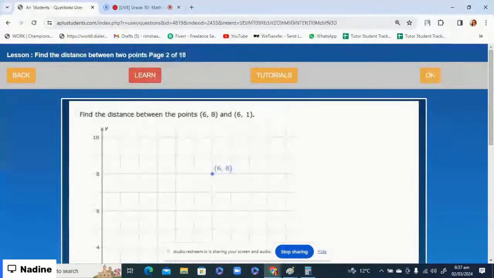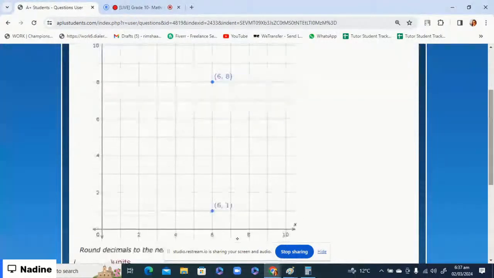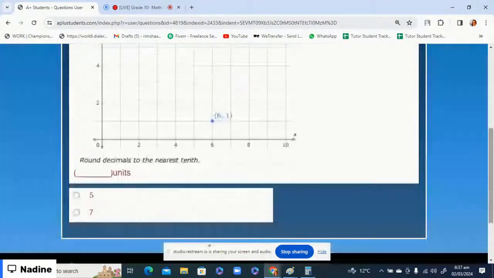That's it. Find the distance between the points 6, 8 and 6, 1. First of all, check what is the absolute value for x coordinate. X coordinate is here 6, here is also 6. So 6 minus 6 is 0.